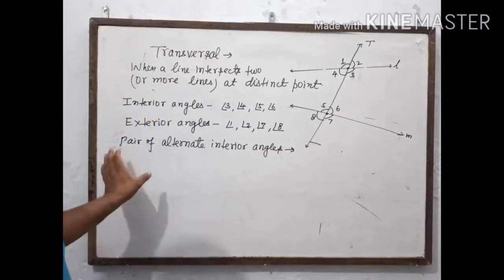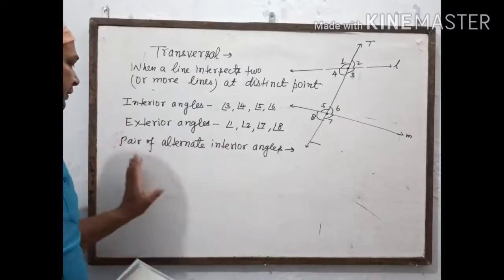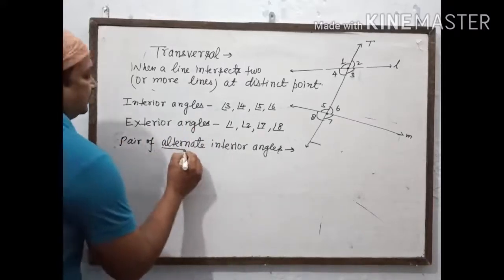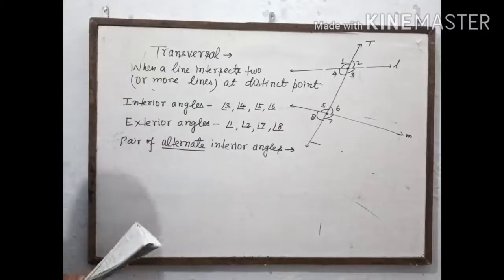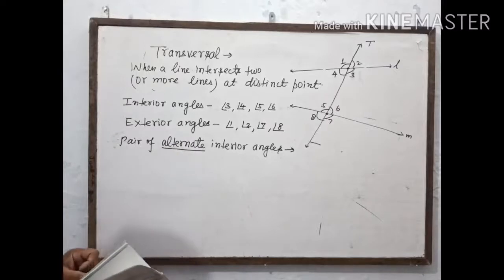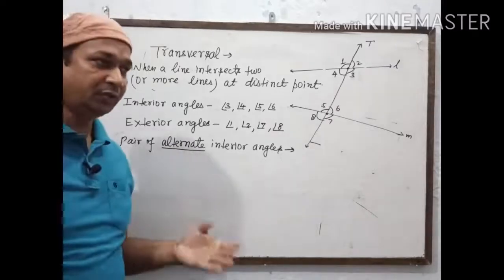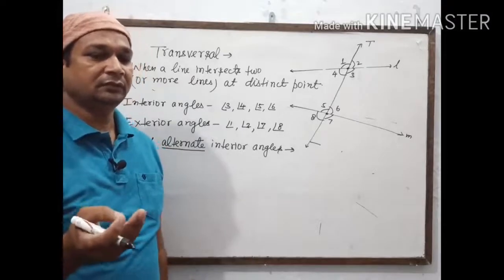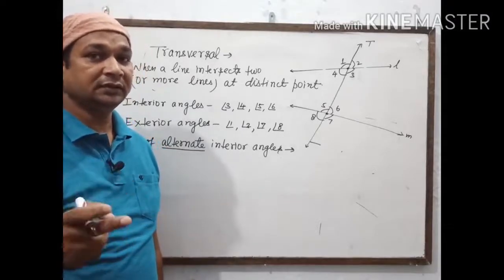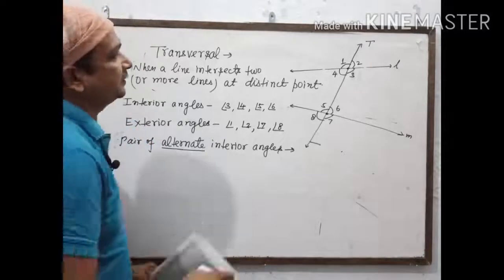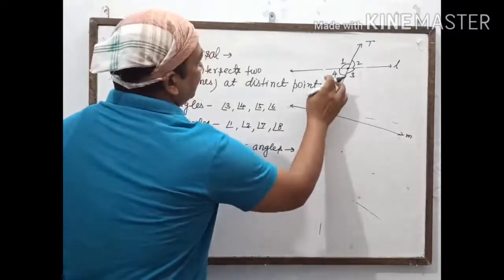By this word alternate, we mean alternate counting, like 1, 2, 3, 4, 5. If we count alternately, 1, 3, 5, such that. Interior angles are 3, 6, 5, 4.